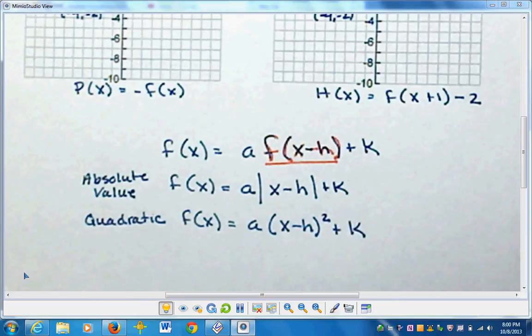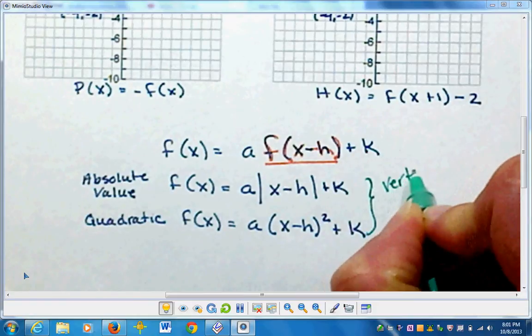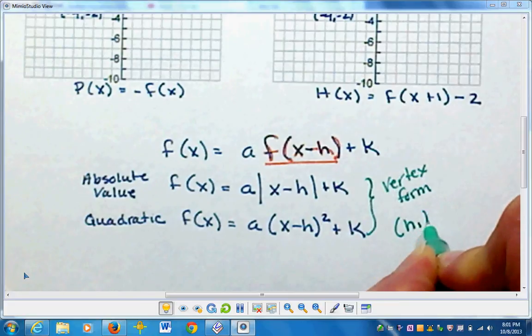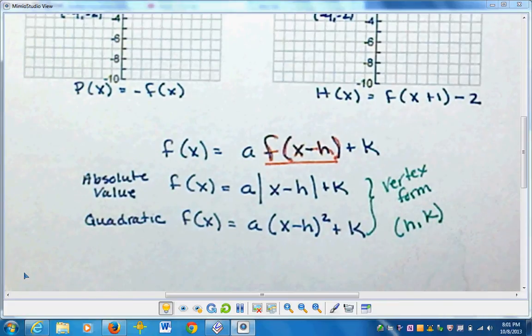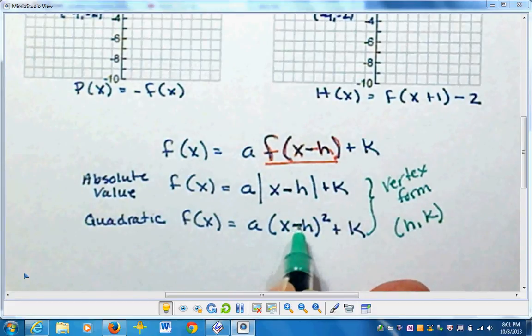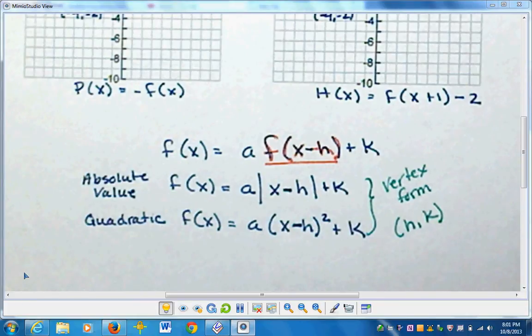If you remember, this is also called vertex form, because it gives us our vertex, h, k. The other thing to remember is that this minus sign is part of the equation. So when we're looking at our h values, it's always going to be opposite of what we see inside the function. And I'll give you an example of that in a minute.